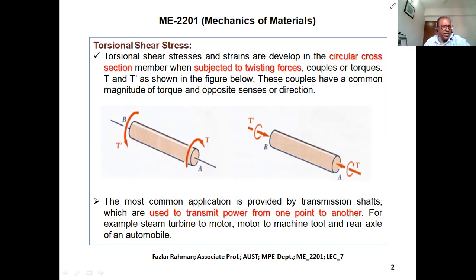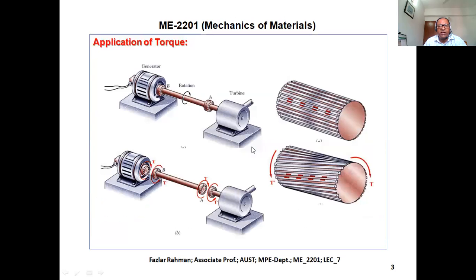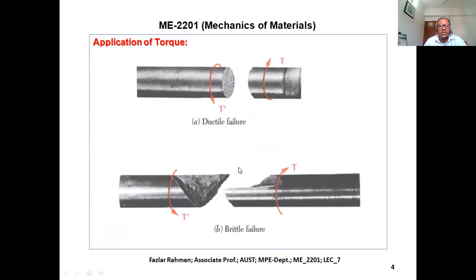That means due to the torque, a material becomes two parts because shear force is there. Similarly, I can show you a figure right over here. This is an example where we apply torque, but see right over here, it's a ductile shaft.